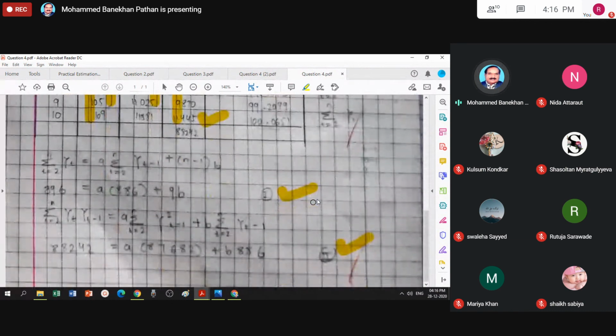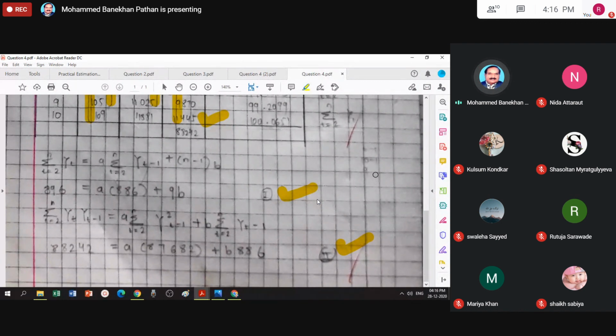So today I finish your practical 1 under the heading of estimation of trend by using 3 methods. Method number 1, moving average, period may be odd, period may be even.